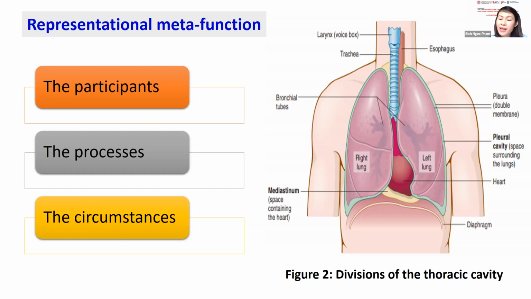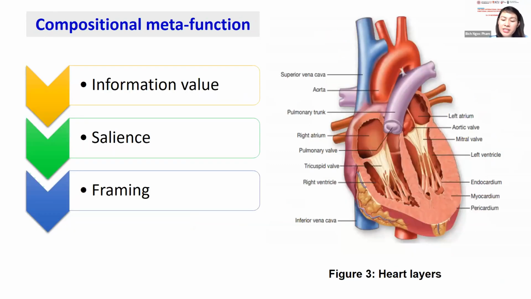So the next one is the compositional metafunction. The information value, the salience and the framing refer to the degree of connection that exists between the different elements that form the composition. So the more these elements are connected to each other, the more likely they are to convey the same information.